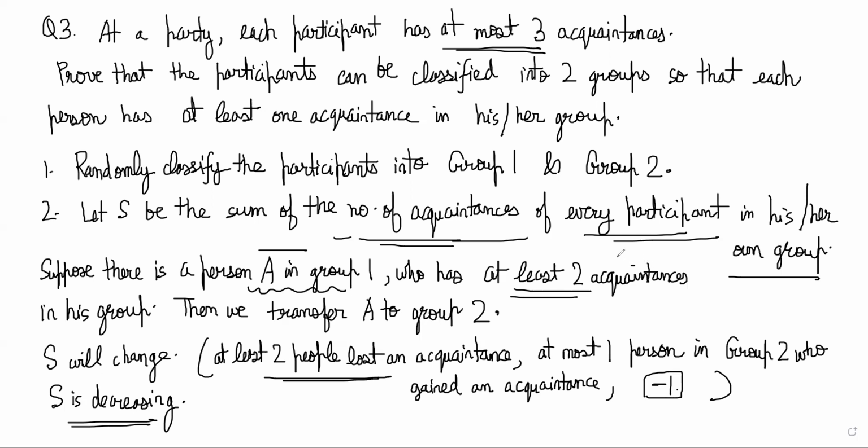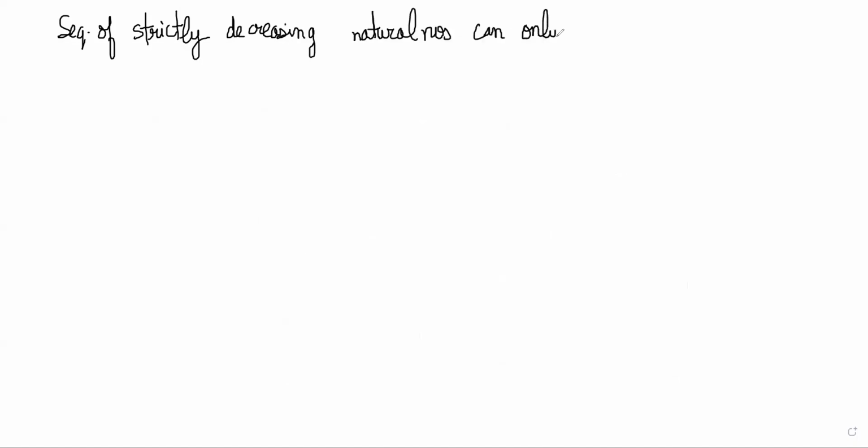Okay. Now, since S is strictly decreasing and S is going to be a natural number, what this means is we know that a sequence of strictly decreasing natural numbers can only have a finite number of terms.